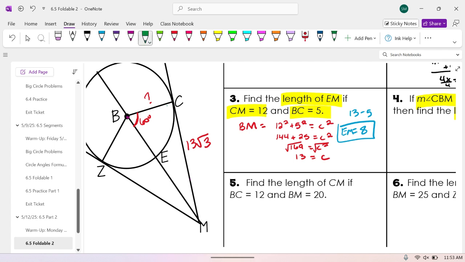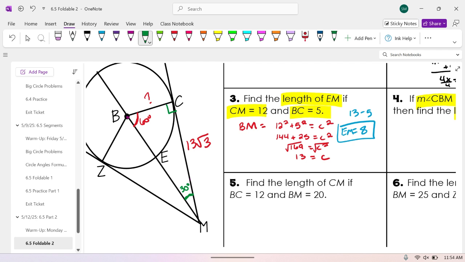We know that this angle is 90 degrees. That doesn't change. So that means this little angle right here is what? 30 degrees. So this is a right triangle, but it's also a special right triangle.